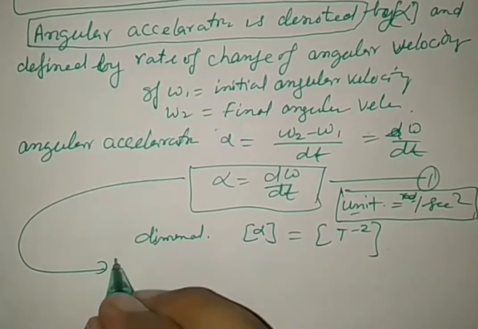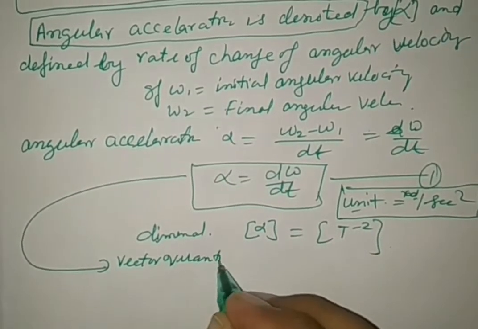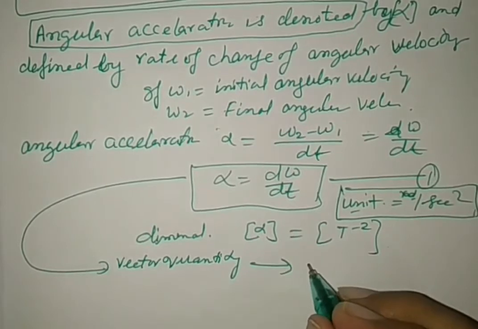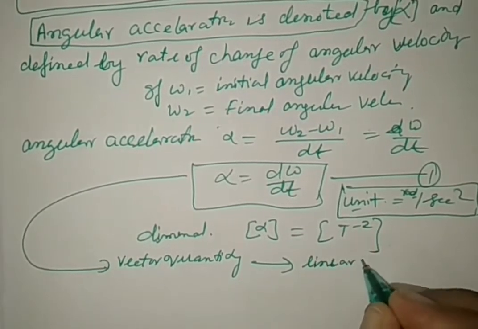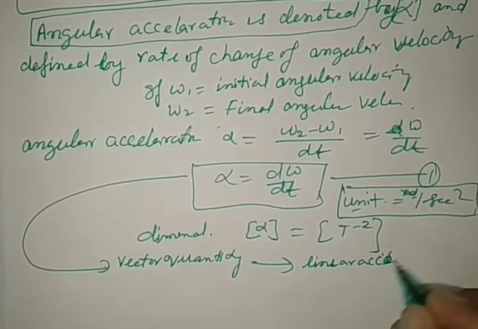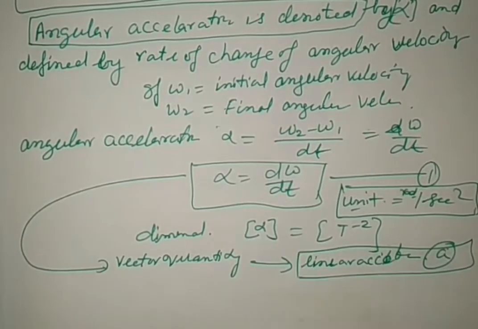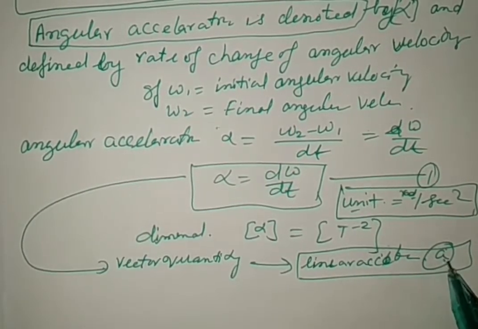This angular acceleration is a vector quantity, same as linear acceleration. Now we are going to set up the relation between a and alpha.